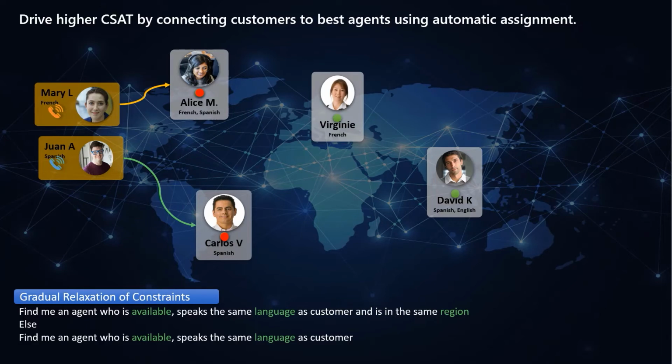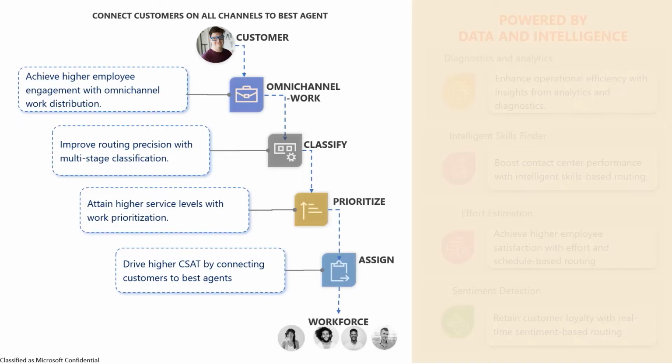The system relaxes the region constraint and goes to the next best available agent who speaks the same language. And in this case, it is Carlos. This is what we call the gradual relaxation of constraint. And you can write your assignment rules in a manner that they allow you to relax certain criteria one after another.